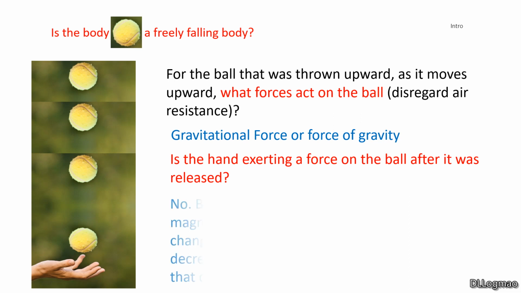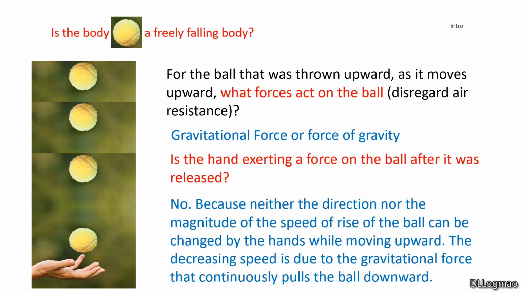No, because neither the direction nor the magnitude of the speed of rise of the ball can be changed by the hands while moving upward. The decreasing speed is due to the gravitational force that continuously pulls the ball downward. So the only force acting on the ball while moving downward or upward is the gravitational force.